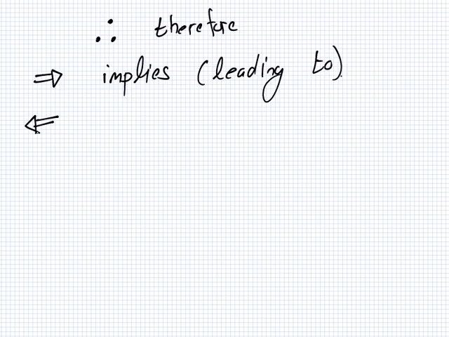It's the same thing, really. It's just you're pointing the logic in a different direction. So here, B follows from A, and writing it this way, it means that A follows from B.